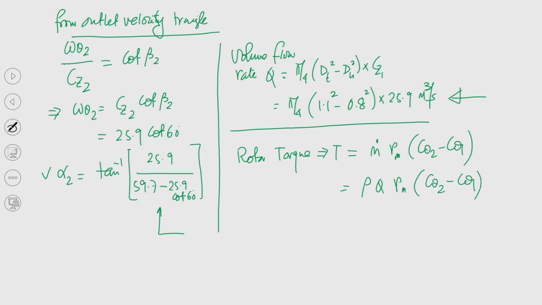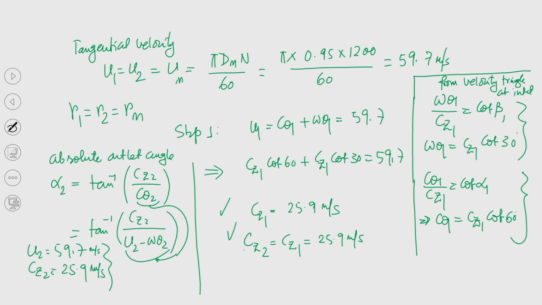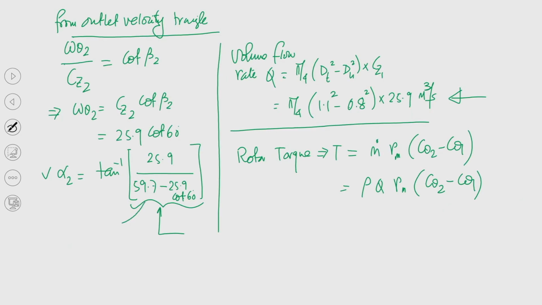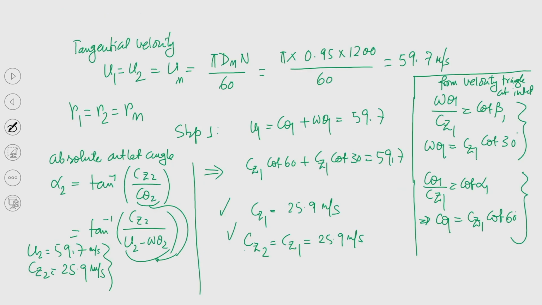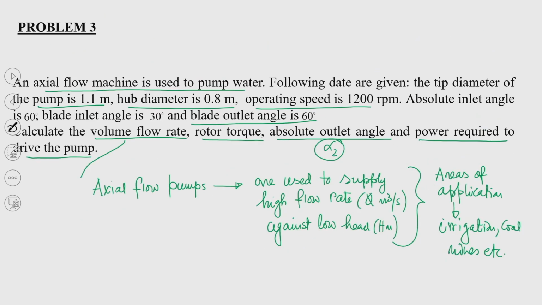So, basically what is c theta 2? c theta 2 is equal to u 2 minus w theta 2, and if we calculate it, you will get the value 44.6 meter per second. If you calculate the flow rate, the answer will be 11.6 meter cube per second. And for rho, we need to go through the problem statement again.